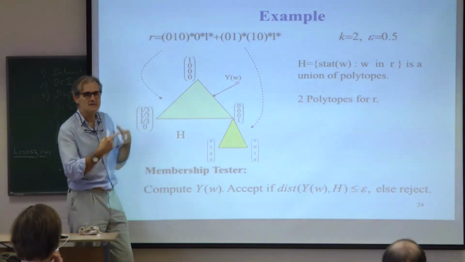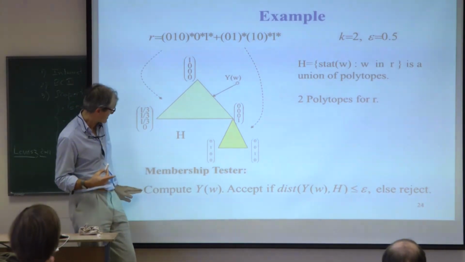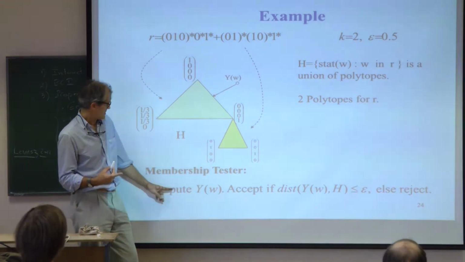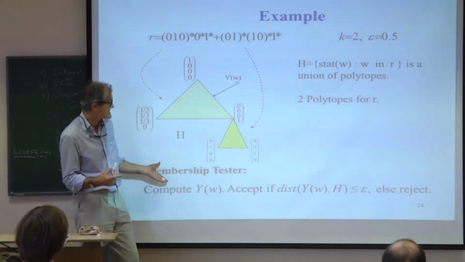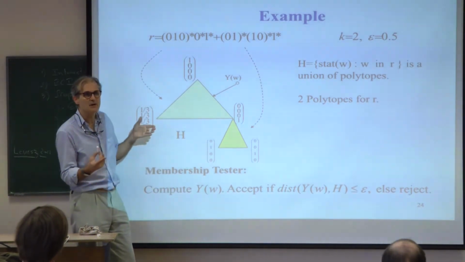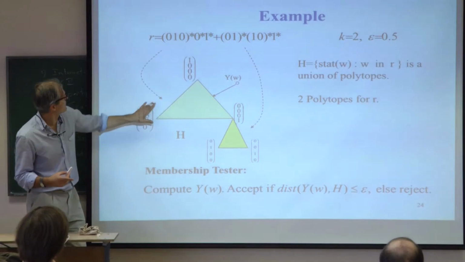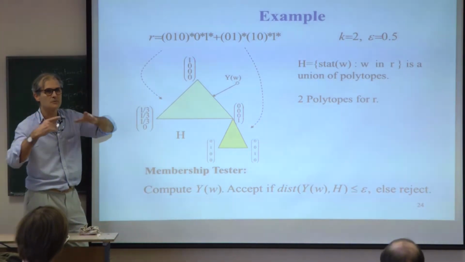So that's essentially the reason why now I have an extremely simple tester. All I have to do is compute a vector and its distance to a convex polytope, which is possible if the polytope is not too hard to build.